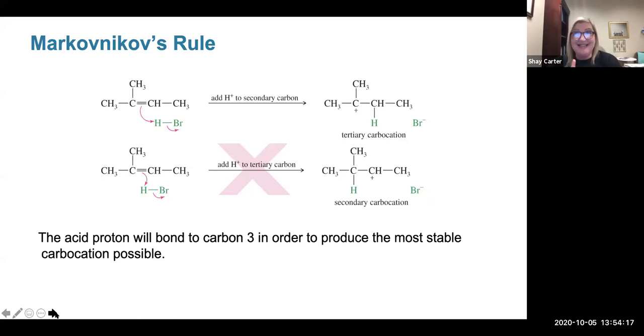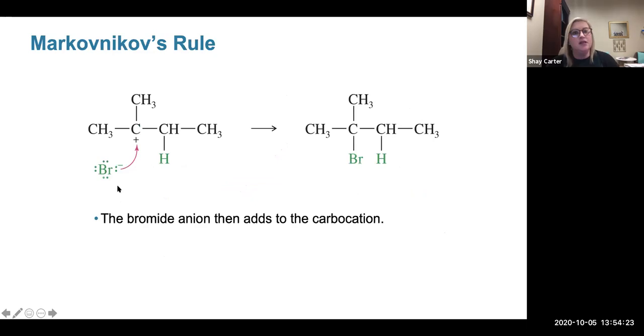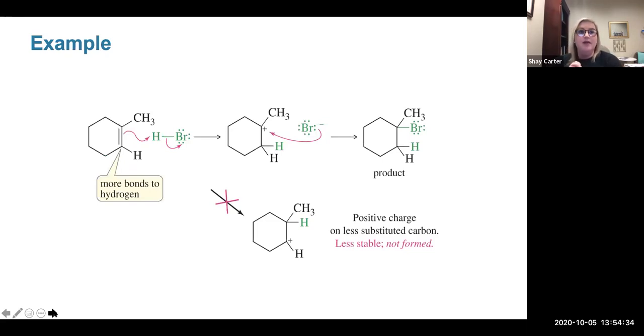And the implications of this are that the hydrogen will always go with its friend. Then the bromine adds to the most substituted carbon, which is the one that the carbocation is formed on.